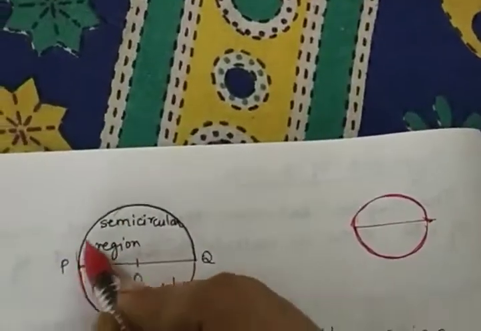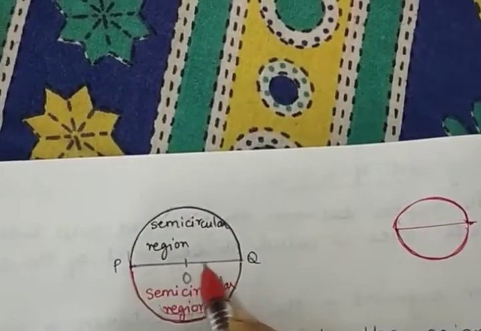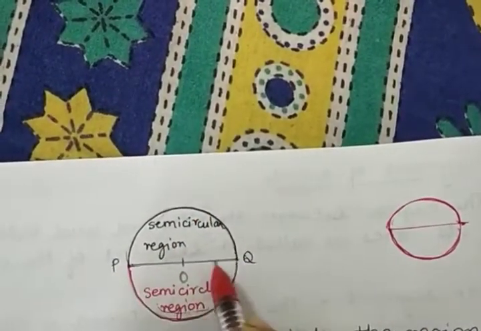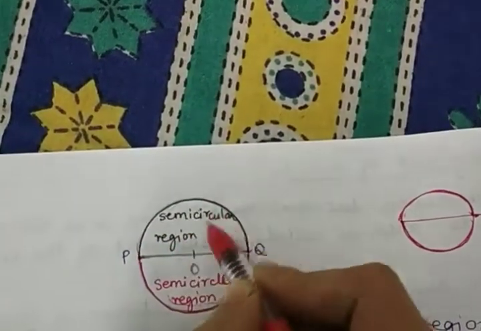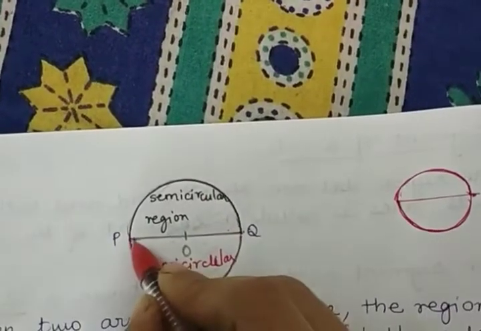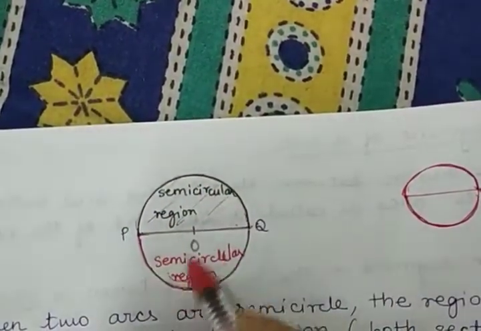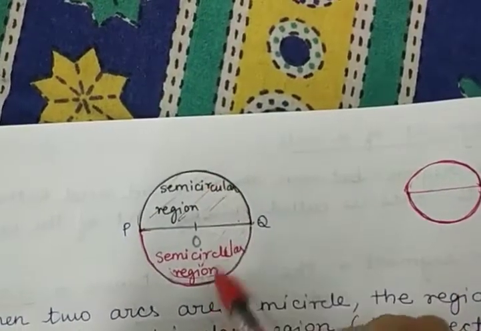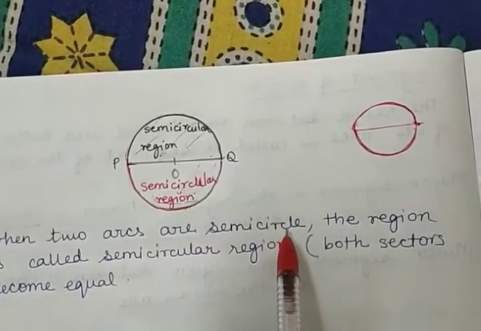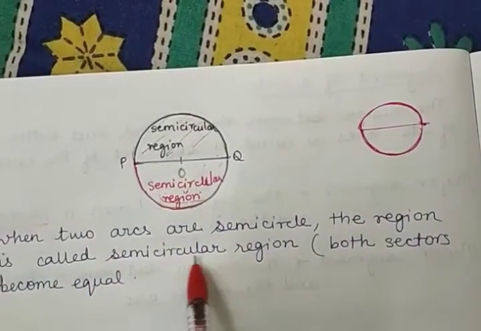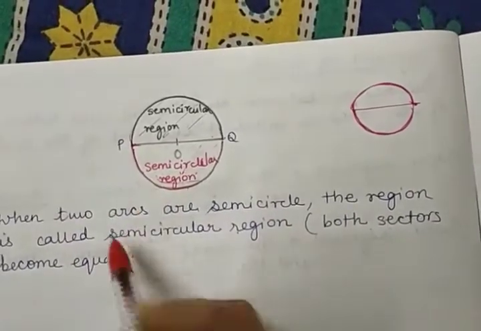So this is your semicircle and this is another semicircle. The region between the diameter and the arc is called the semicircular region. So this is your semicircular region, and this is another semicircular region. So you get two semicircular regions. When two arcs are semicircles, the region is called a semicircular region. In this case, both the sectors are equal.